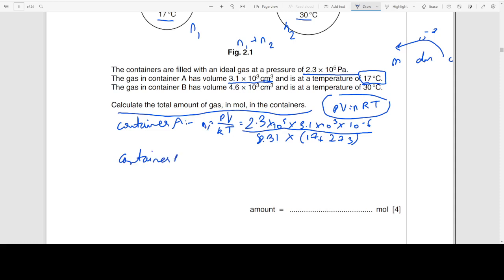For container B, we do the same thing and we'll use these values, but the value of pressure would be the same, 2.3 into 10 raised to 5.